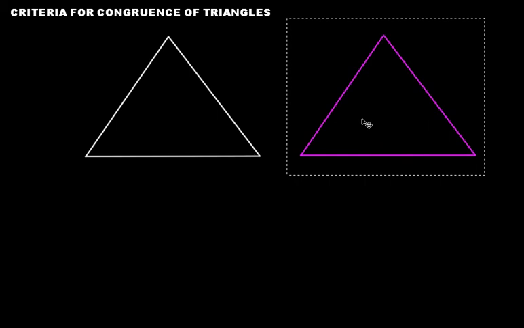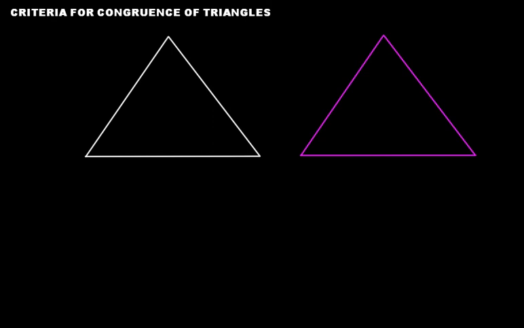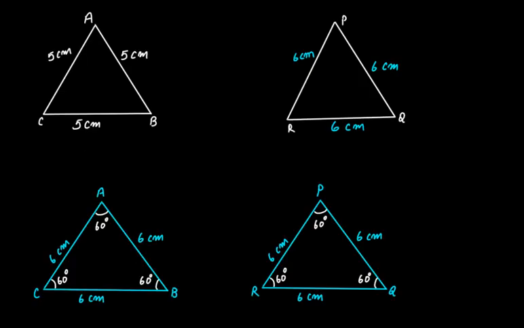This was the case when these two triangles were physically in your hand. What if the condition is something different? What if this information is given to you? This is one pair, this is another pair. If you look at these two triangles, ABC is an equilateral triangle with sides 5 cm. PQR is another equilateral triangle but with sides 6 cm each.